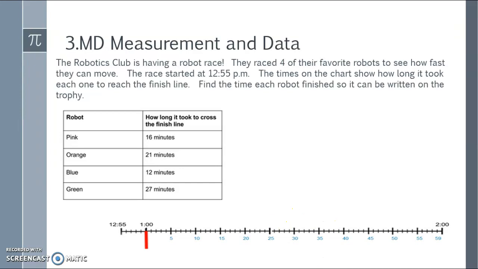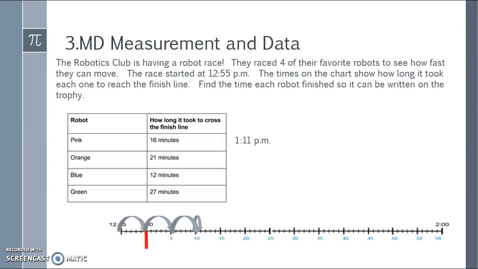So let's start with the pink. They finished in 16 minutes. If they started at 12:55, we could jump 5 minutes to 1, 5 minutes after 1, 10 minutes. So we've gone 5, 10, 15, one more to make 16. So I see on my number line that that equates to 1:11 p.m.